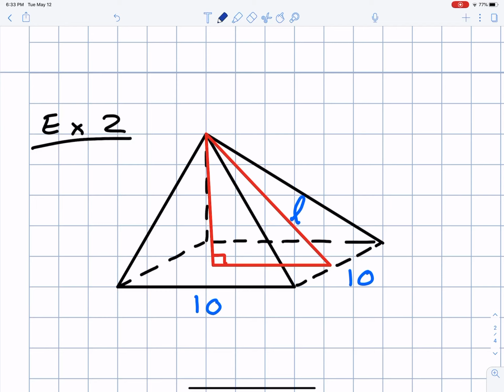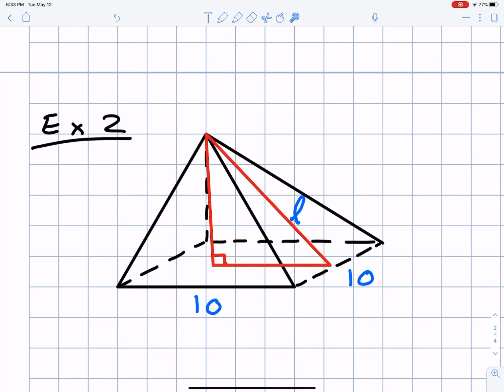But this triangle that they're giving us starts from the vertex of our triangle, but it drops right down to the center. Okay, so it goes down vertically. So it's actually the height of the pyramid. If you were to put this pyramid on your desk, it would be the height.